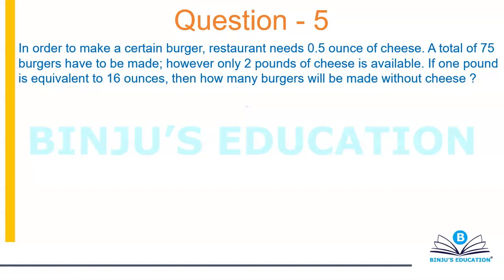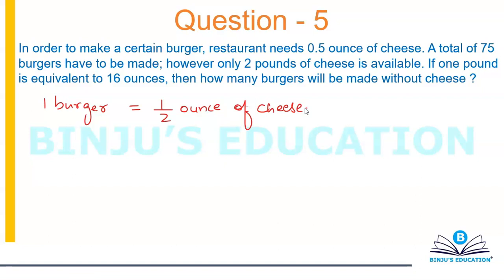Alright, let's see what we can do with this one. In order to make a certain burger, the restaurant needs half ounce of cheese. So I can say that one burger is half ounce of cheese. Remember one thing, it's always better to convert the statement into mathematical expressions.